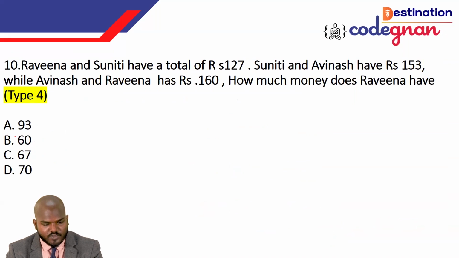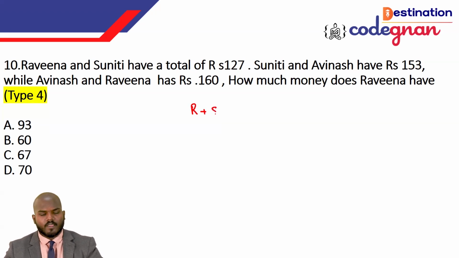Ravina and Sunithi have a total of rupees 127. Sunithi and Avinash have rupees 153, and Avinash and Ravina have 160 rupees. How much does Ravina have is the question. You see this one, guys.